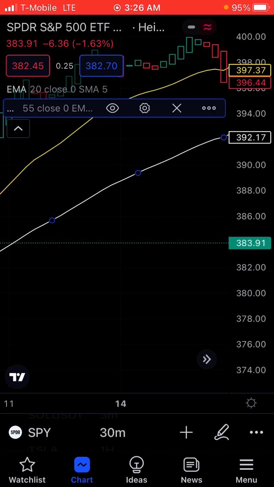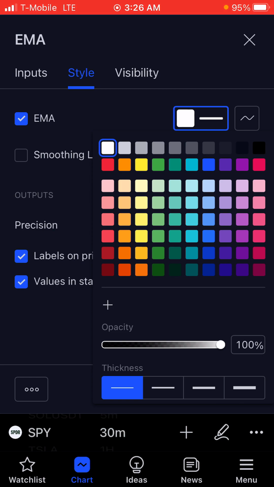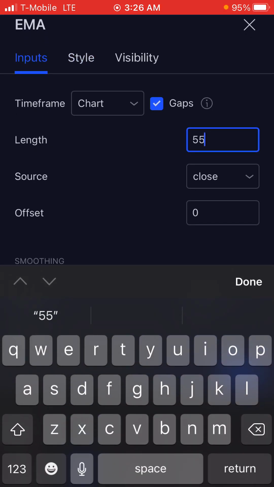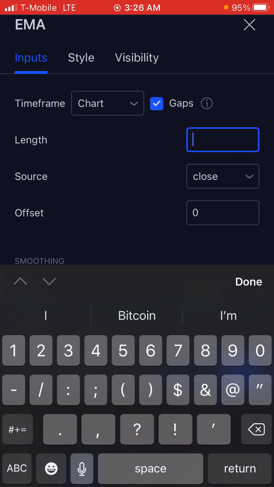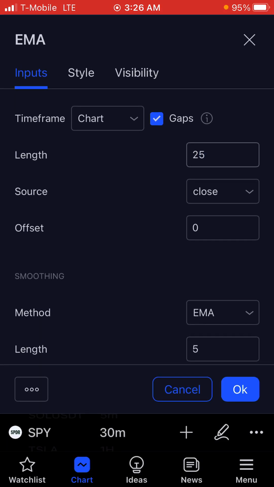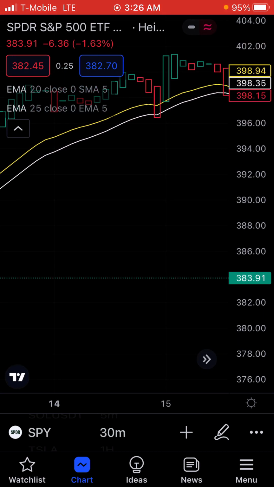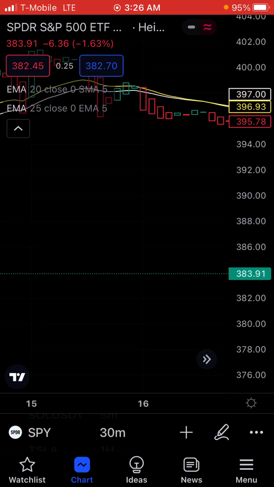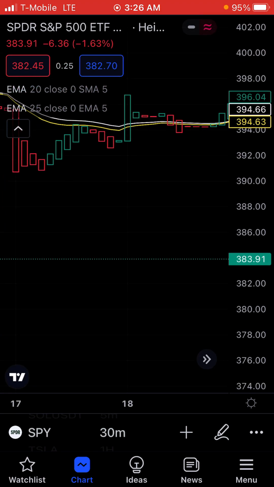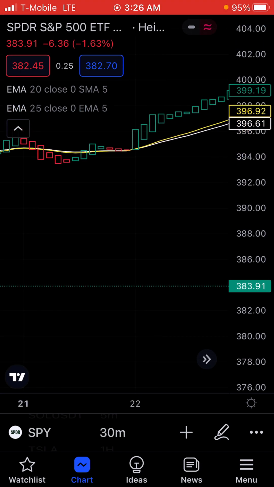And then we're going to do 25. So these are the only two indicators that you need for this strategy, and it's really simple.